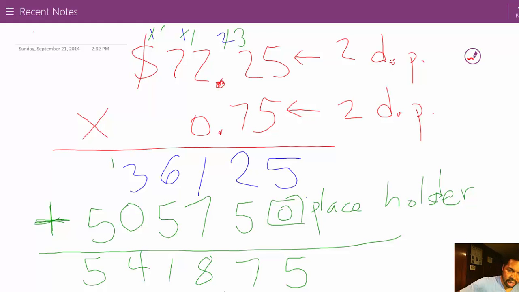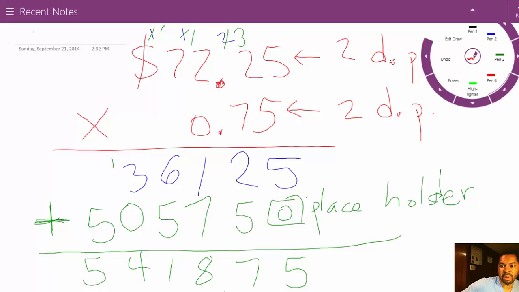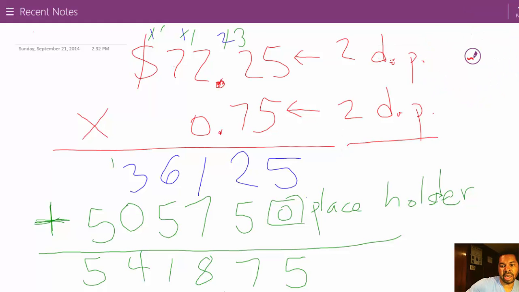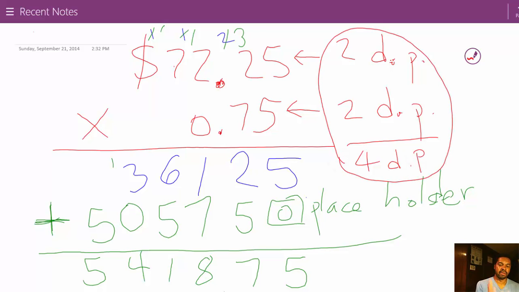So now we want to find out how many decimal places we have together. Obviously we add them up and we have 4 decimal places together. So this is a very important thing that is going to help us to find out how many decimal places we have in our answer, which means that we have a total of 4 decimal places in our answer.